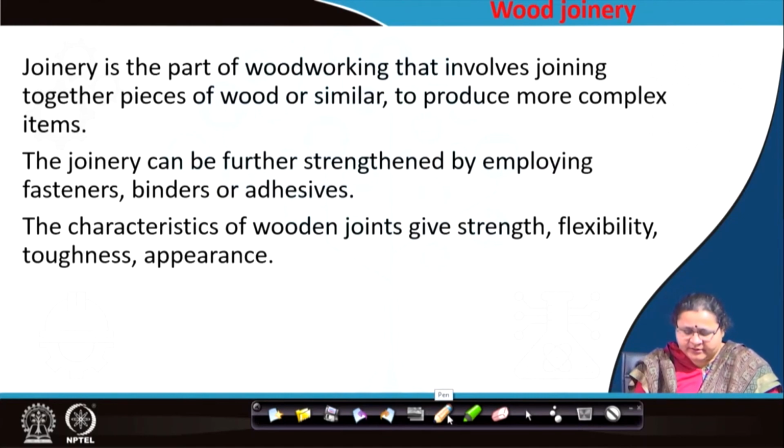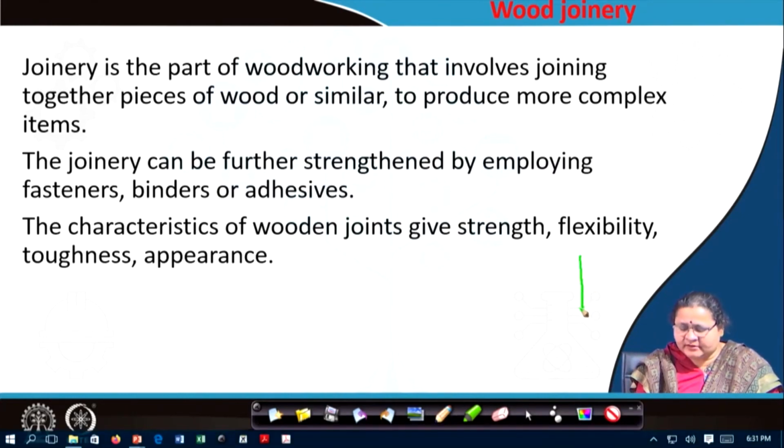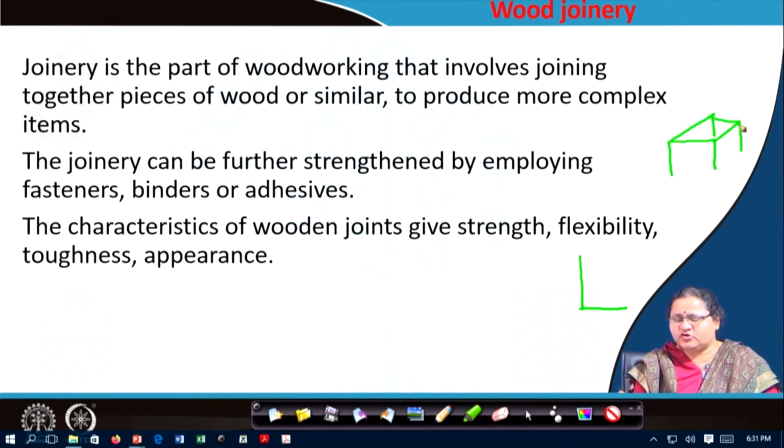So you may require to join two members at a right angle. Say in case of a chair, you may have your framing in such a way. So you have these taking the load in tension, these taking the load in compression. So this forms your main structure.